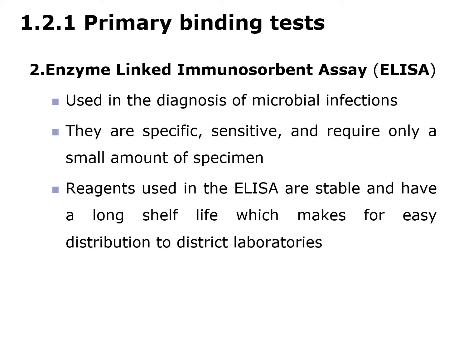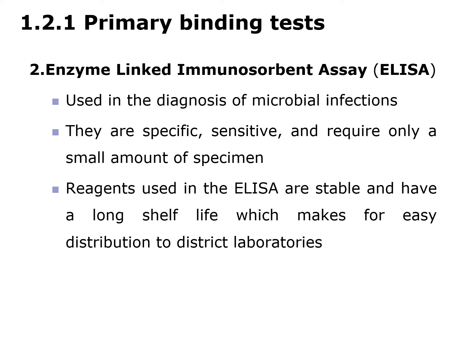Just like immunofluorescence assays, they are specific, sensitive, right? So specific, that means they can detect specifically the organism, and sensitive, even if the organism is in very small amount, we can still detect its presence.